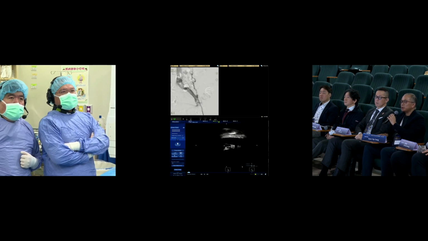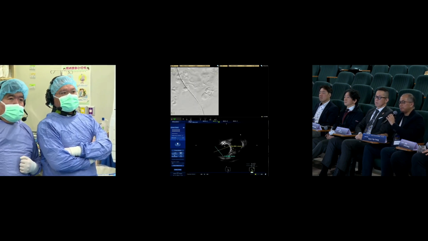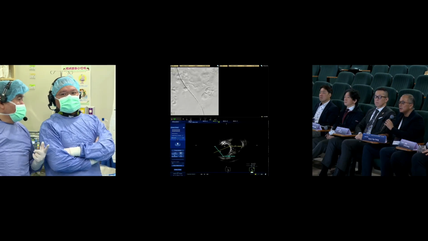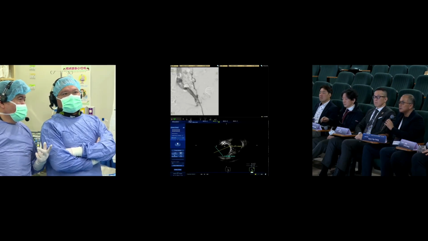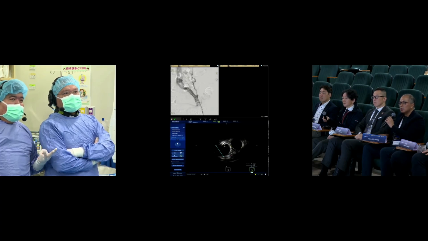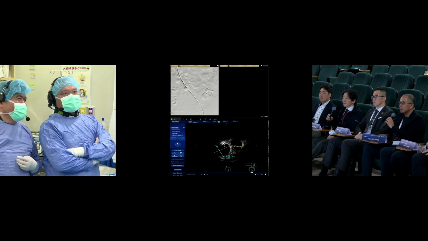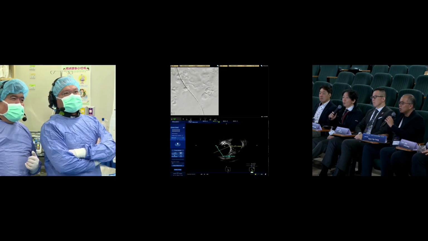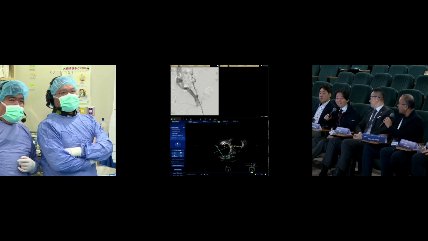So what's your plan at the moment for this? I think two plans. One is POBA only, and the other one is stenting. And the third one, I think, go on DOAC therapy, possibly long term because of the risk of recurrent thrombosis.